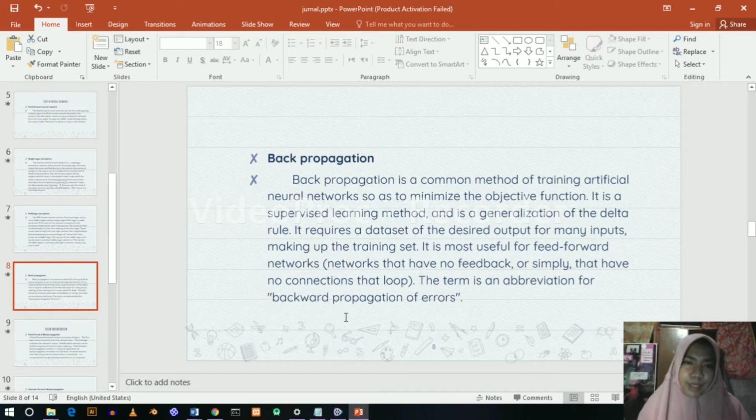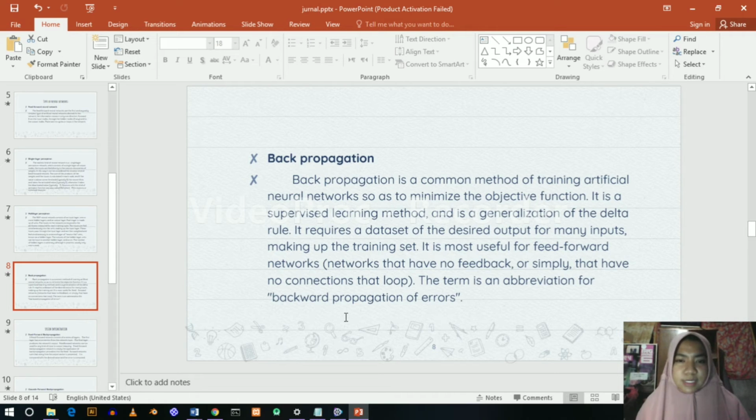Next, backpropagation. Backpropagation is a common method of training artificial neural networks so as to minimize their objective function. It is a supervised learning method and is a generalization of the delta rule.